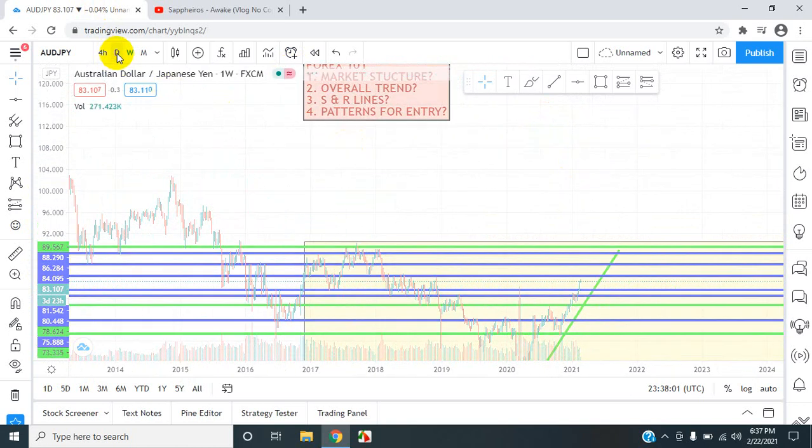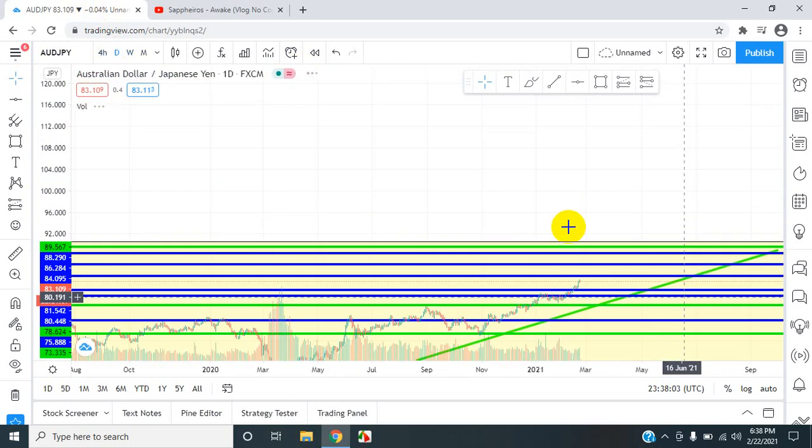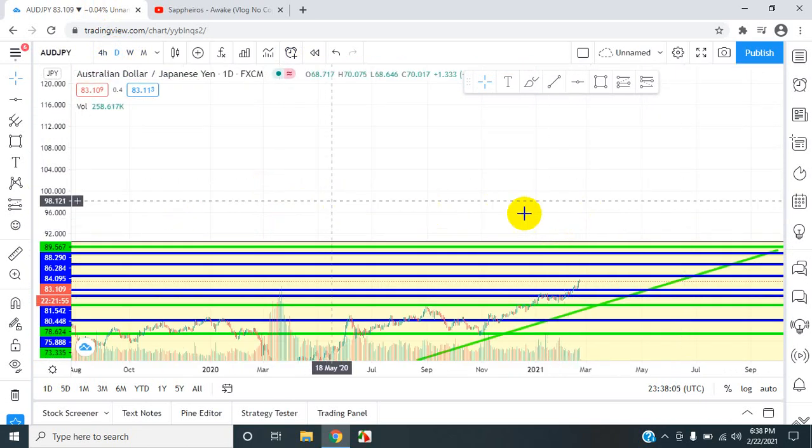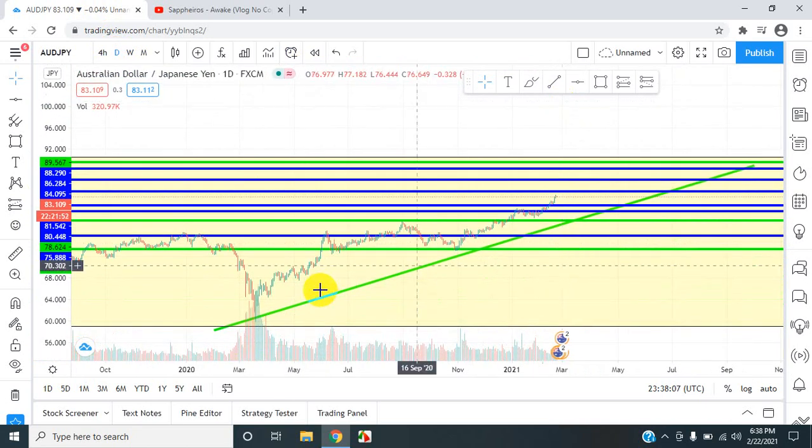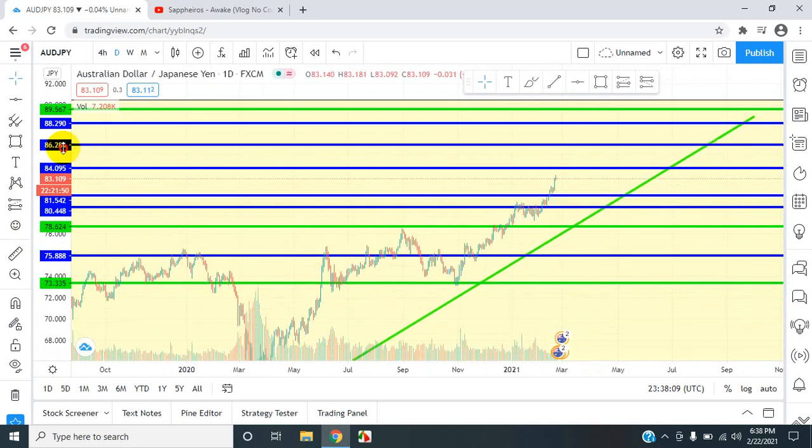Let's go down a time frame. So let's take a look at AJ to see if we see some type of pattern for entry.